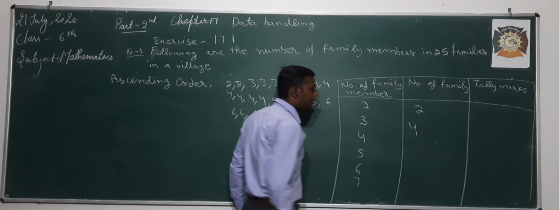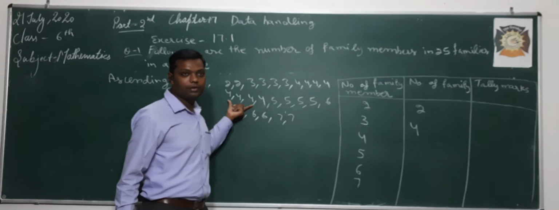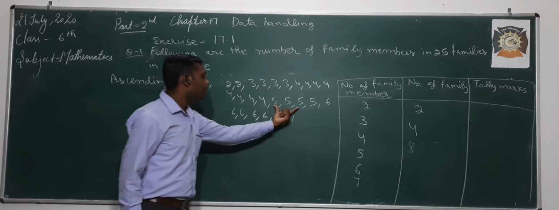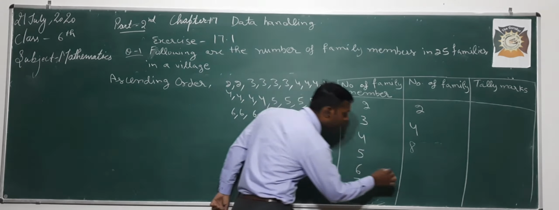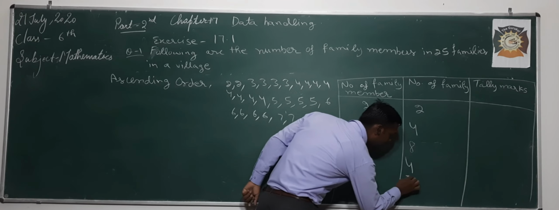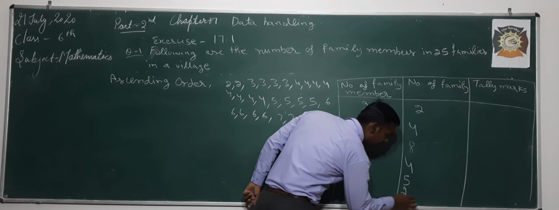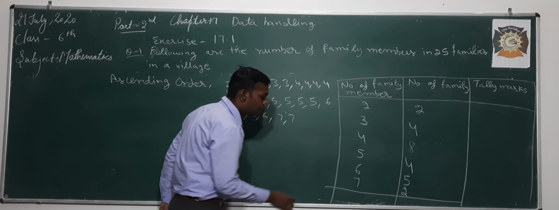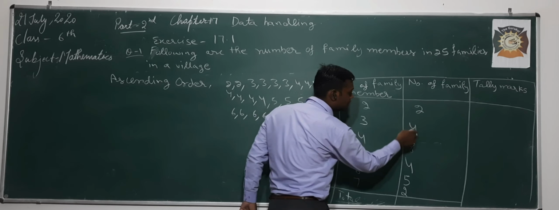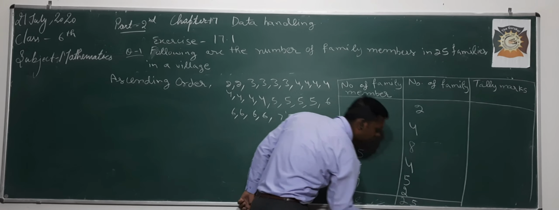Next, 8 families have 4 members, 4 families have 5 members, 5 families have 6 members, and only 2 families have 7 members. The total is 2 plus 4 is 6, plus 8 is 14, plus 4 is 18, plus 5 is 23, plus 2 is 25. So your data is correct.